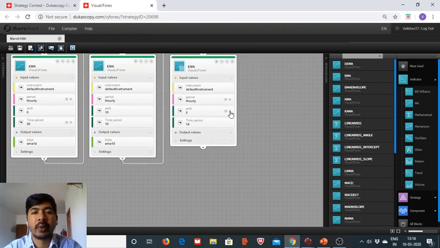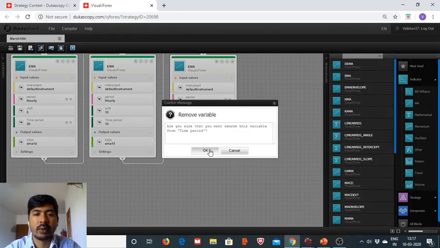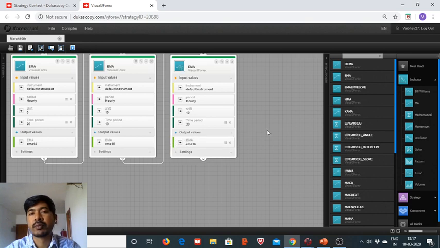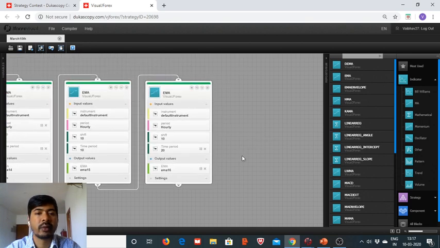And shift 10, the time period will be of 20, EMA 16. Okay, so this is the hourly setup.